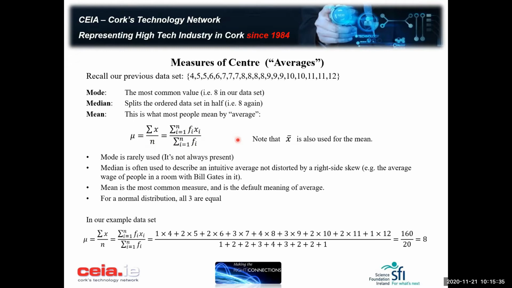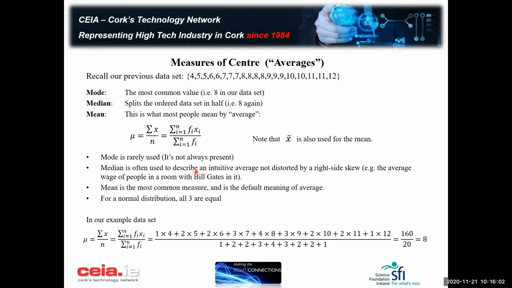Now in terms of usage, mode doesn't always exist and it isn't used very much, but it is occasionally used. The median is used more, and it is often used to eliminate skews or outlying values. An example often given is if you have 10 people in a room and you want to know their average salary.